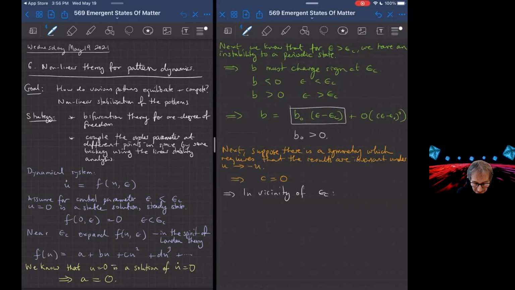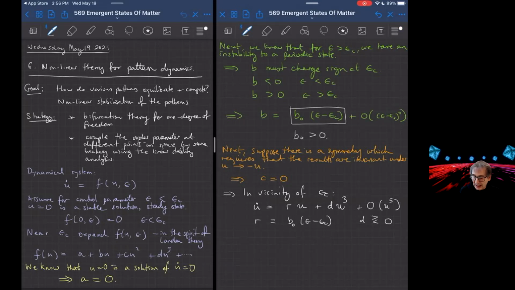We know that u dot we can write as some coefficient, I will call it r, times u, plus another coefficient d times u cubed. And r itself is just b naught times epsilon minus epsilon c. And d can be either positive or negative. And in fact, depending on that sign, we may need to have other terms as well. So the next order term would be a term of order u to the 5th.